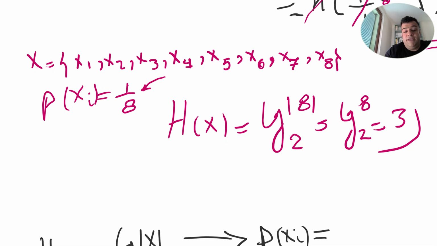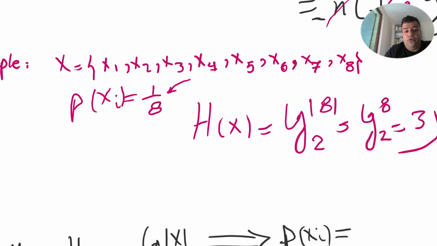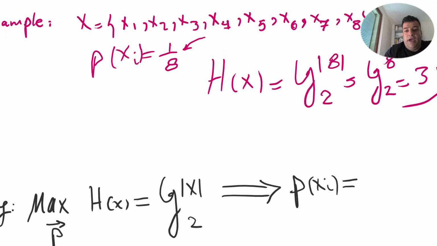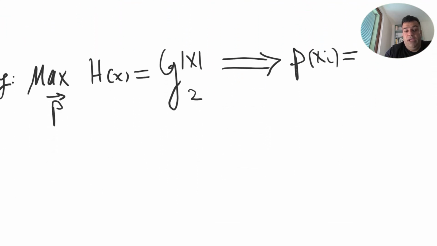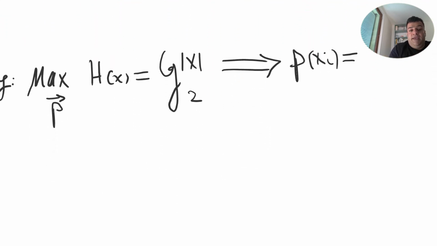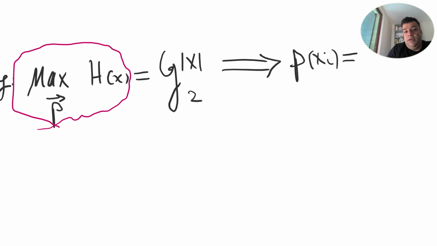But another thing, guys, is so important. Here I have a theorem, and it says that the maximum entropy is log of the cardinality of the members in base 2.